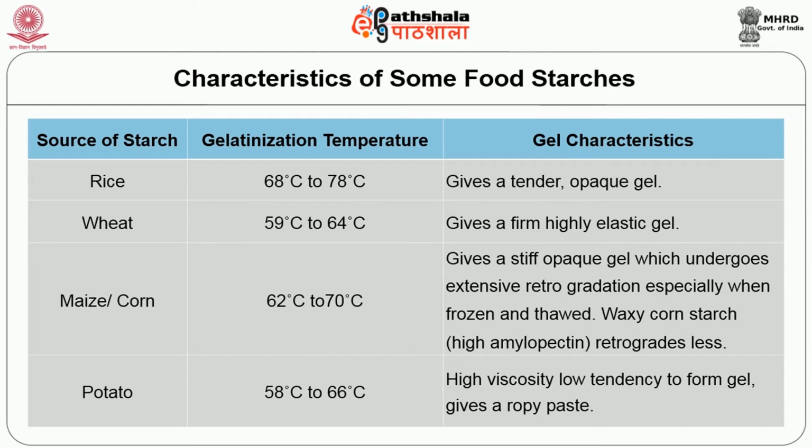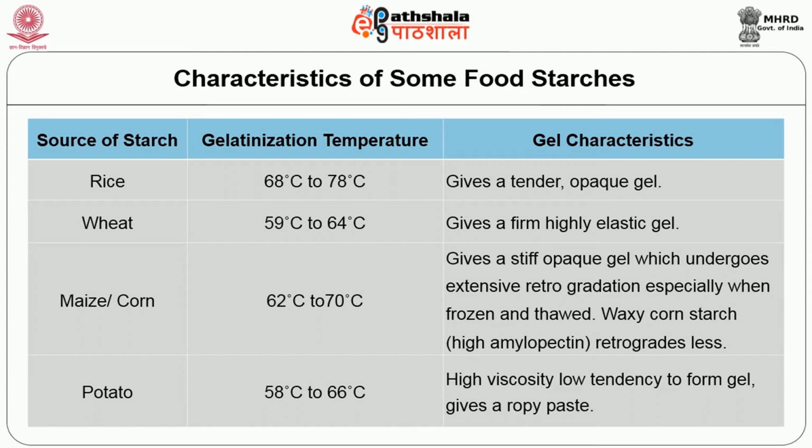Rice, at a temperature of 68 degrees Celsius to 78 degrees Celsius, gives a tender and opaque gel. When wheat is cooked at a temperature of 59 degrees Celsius to 64 degrees Celsius, it gives a fairly firm, highly elastic gel.